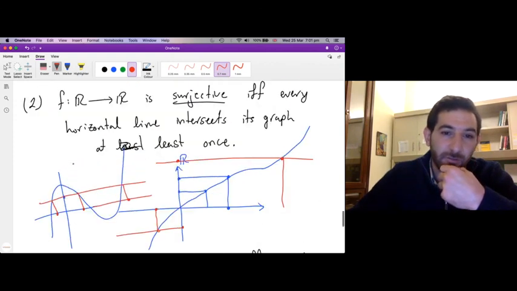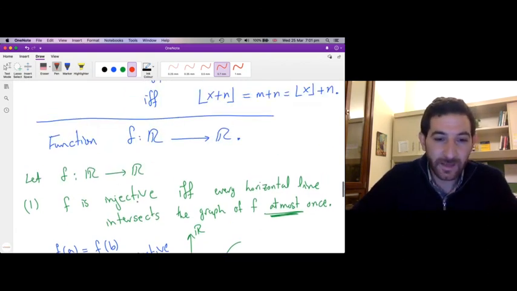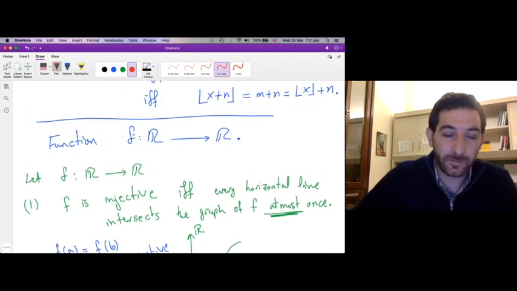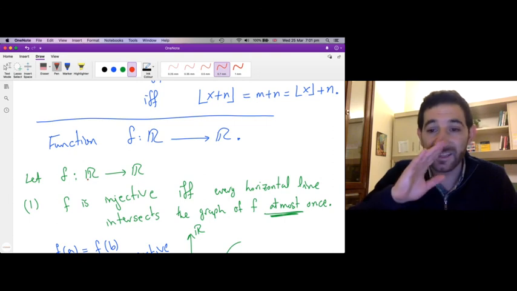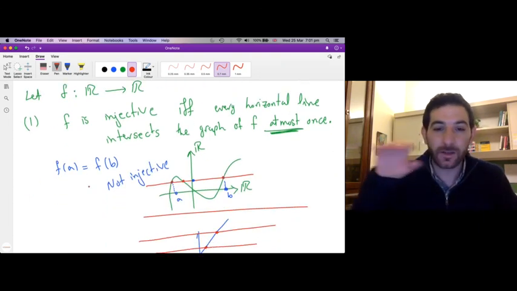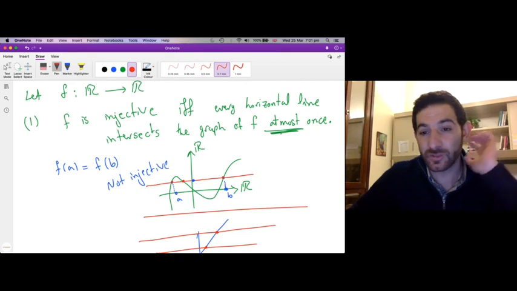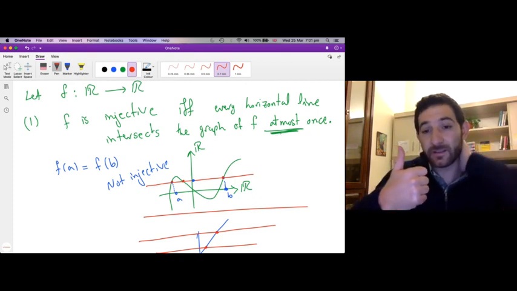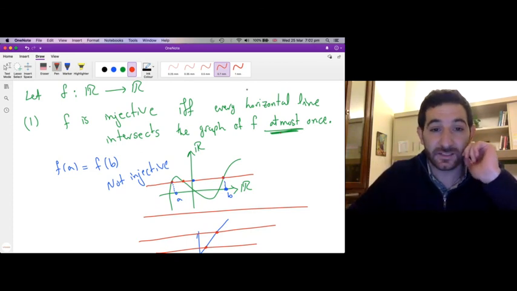And this last comment is a brief comment about how we can tell whether functions from the real numbers to the real numbers are injective, surjective, or both using horizontal line tests. So you keep drawing horizontal lines on the curve of a function, and if every time you draw one, it intersects the graph at most once, so either it does not intersect it or it intersects it once, then it is injective.